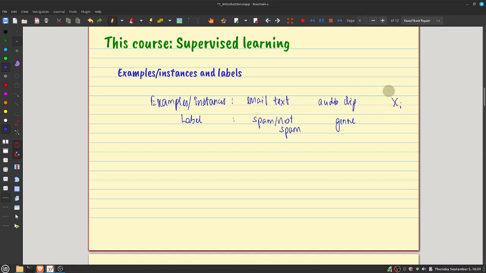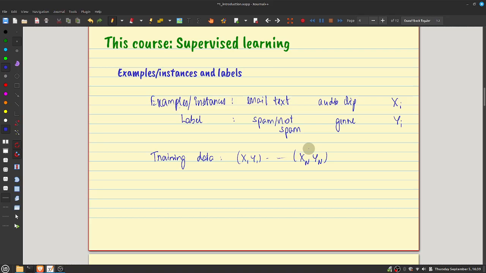So examples or instances will typically be denoted by X, and the corresponding labels will typically be denoted Y. So you're given what I call training data. Essentially you have n examples or instances and the corresponding labels.